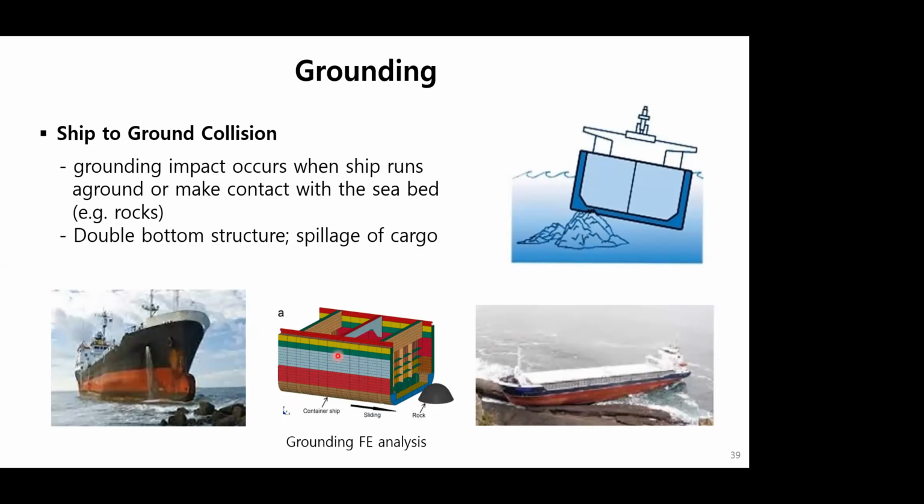Main point is to properly design the double bottom structures for liquid cargo, not to spill out the cargo when the grounding happens. For this purpose, numerical simulation for the double bottom against the grounding is often carried out. In this simulation, nonlinear tearing analysis for bottom plate is carried out.